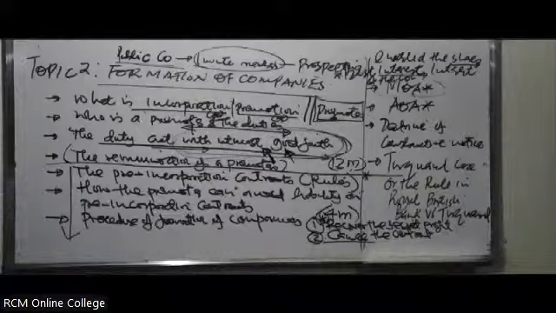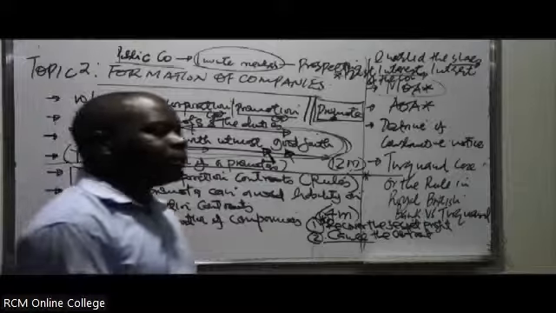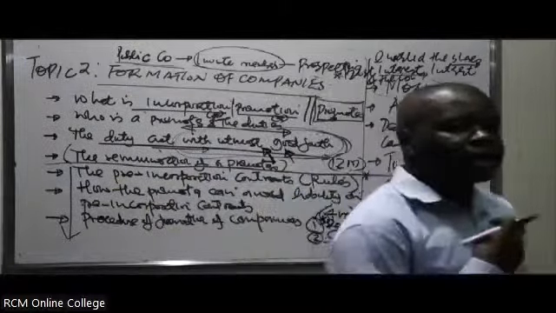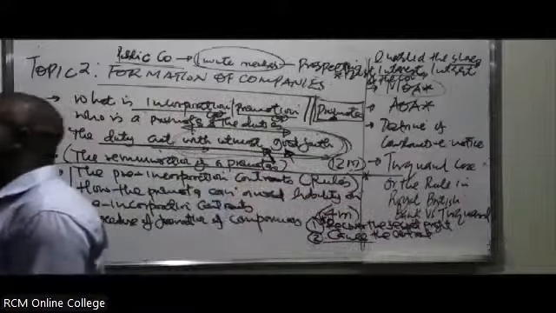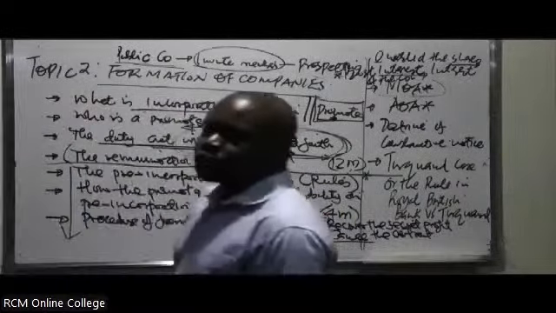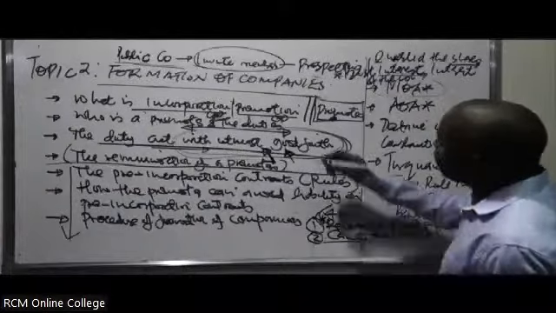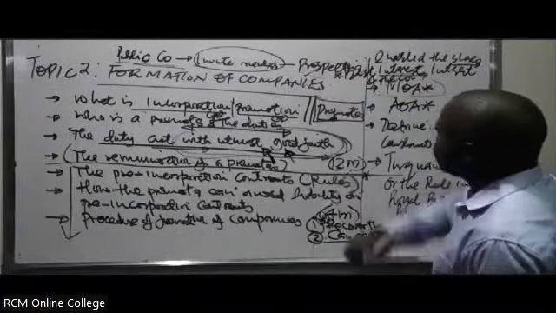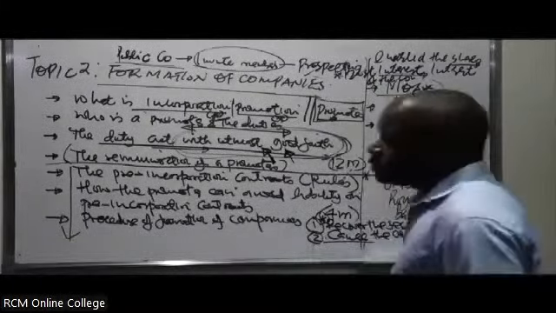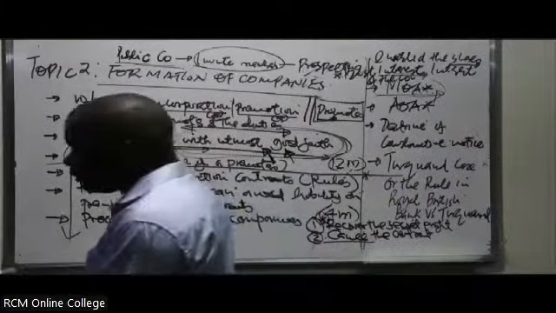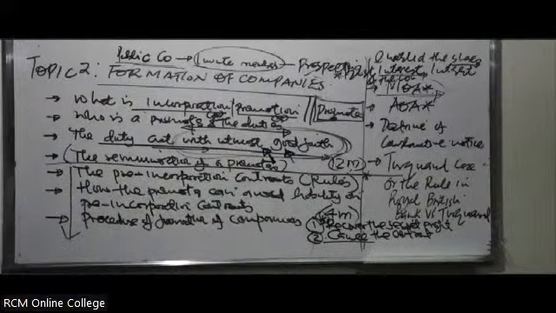When you go to the topic of share capital, we will look at the contents of the prospectus. When we come to the memorandum, we look at its contents. So they are very different. Not even sister and brother. Hope you've gotten the point.